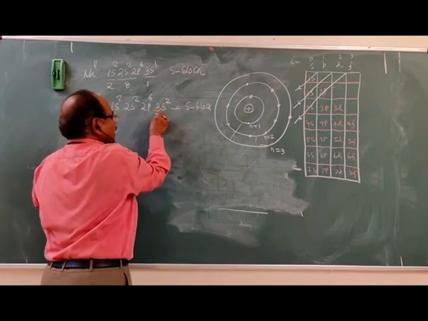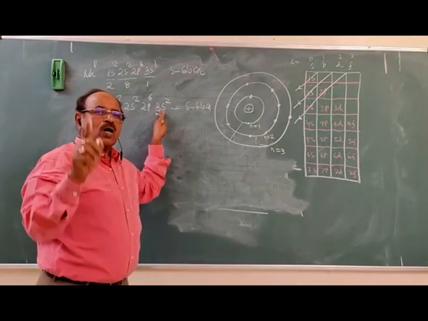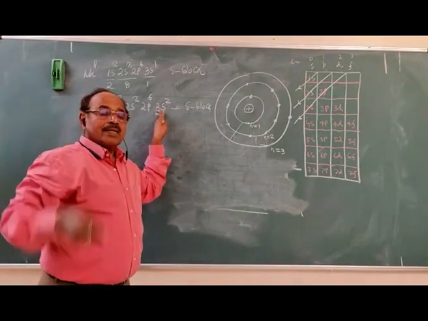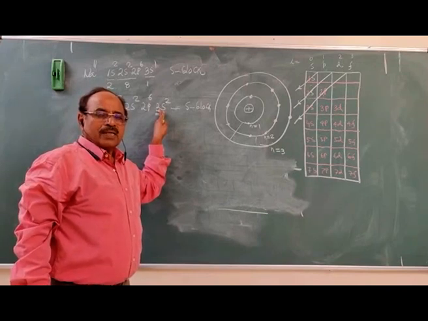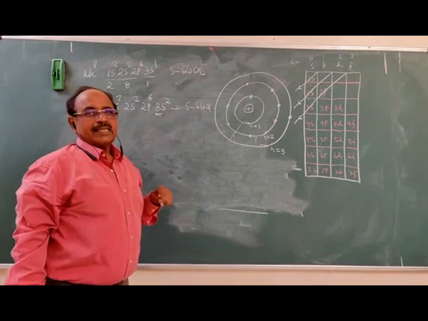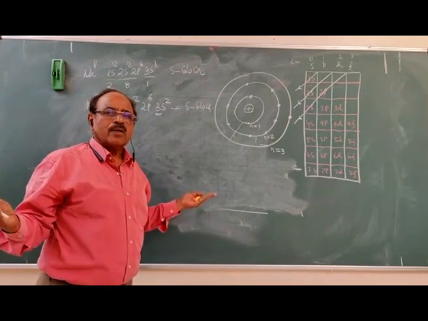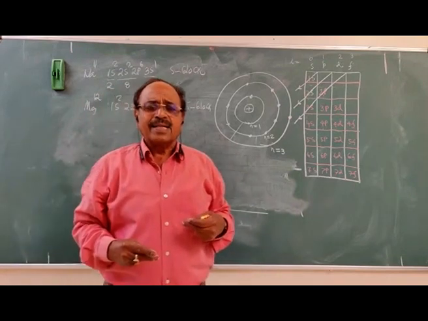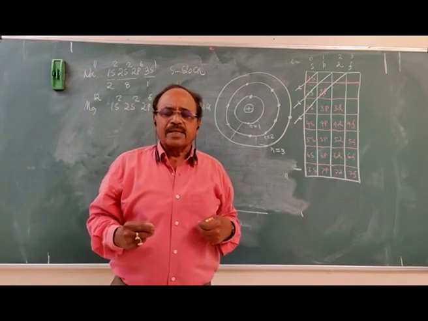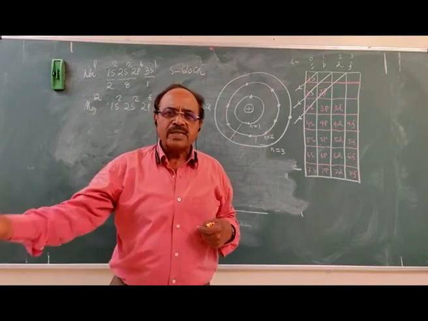Since the principal quantum number is 3, it belongs to the third period of the periodic table and is a normal element. All these elements are normal elements. What is a normal element? Normal man, normal human being, normal behavior, normal temperature.